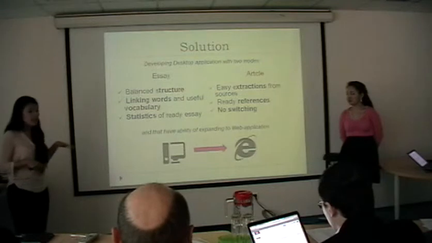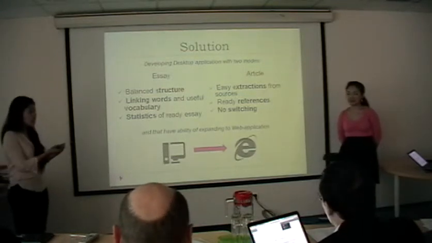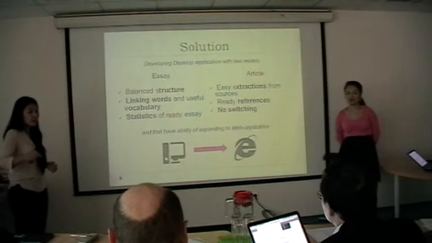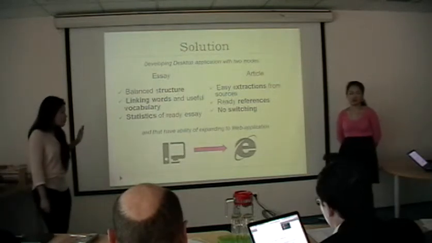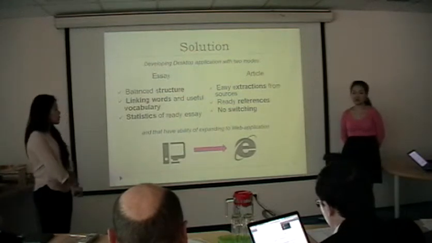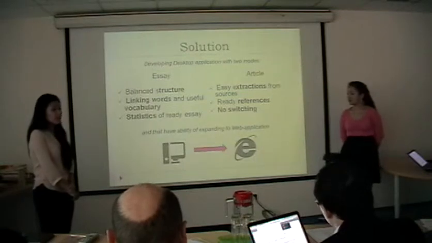It means checking the whole essay and getting some statistics of your work. For example, in IELTS, it means your grade, 6 out of 9 and 6.5 out of 9, and something like this. In the article mode, the first problem that we solved is extraction from sources.